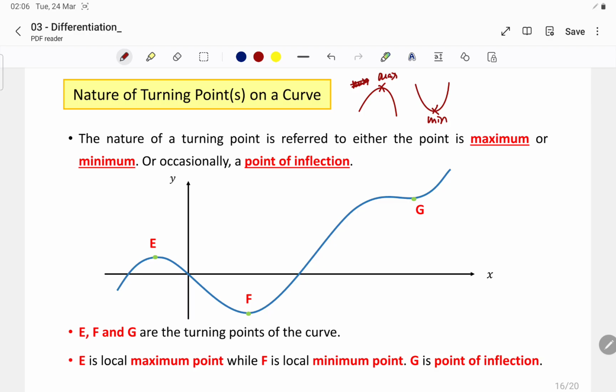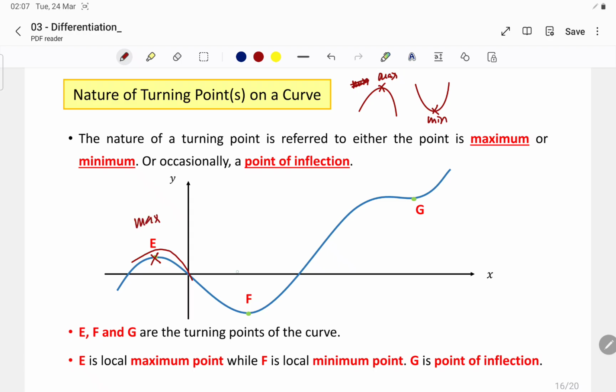Usually if you have a few curves or a few turning points, you can see whether each is minimum or maximum. When you check here, this is the point where it is increasing, then suddenly decreases, so it is a maximum point or turning point.